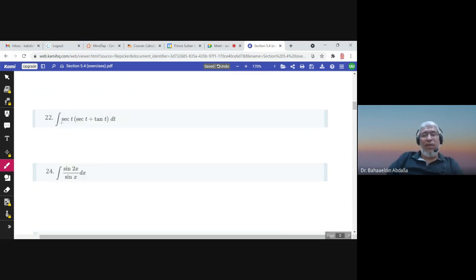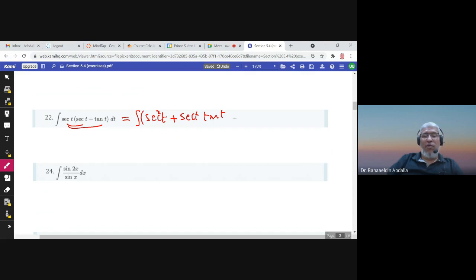Here I cannot distribute the integral. It's not integral on the product. If there is a product, I cannot distribute. So what should I do? There is no formula like this. But if you expand, secant times secant will give you secant square t. And then secant t times tan t.